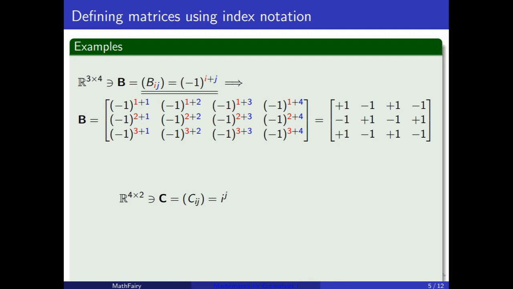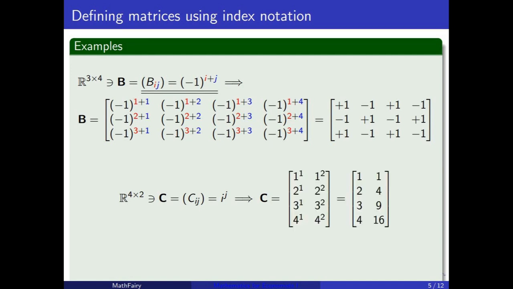For our next example, we have a 4 by 2 matrix denoted by C, where C is defined as c_ij equals i to the j, which leads to C being equal to the following matrix. So i, which is the row index, will be the base. So in the first row we have 1 for our base, in the second row we have 2 for our base, and so on.